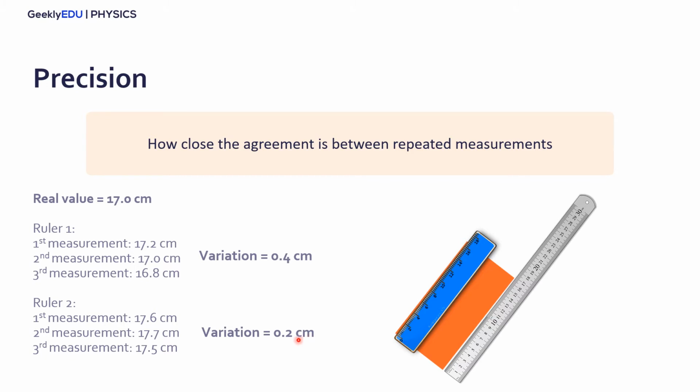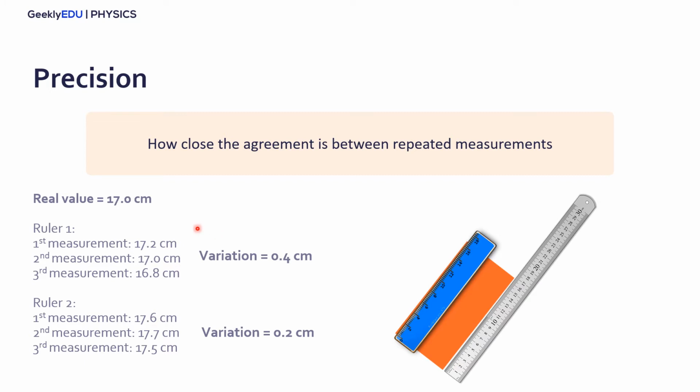You can see that the variation, or the agreement between the repeated measurements, for ruler number 2 is smaller than for ruler number 1. Therefore, ruler number 2 has a more precise measurement. It's varying less than ruler number 1.